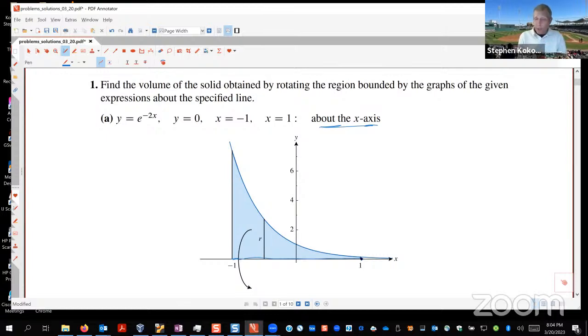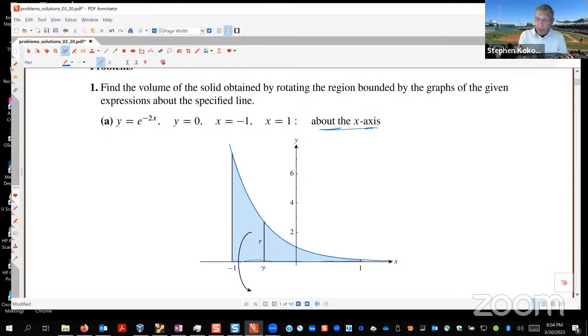What I generally do is pick out an arbitrary value x over the interval in question here, -1 to 1, and I draw an arbitrary radius of one of these disks that I'm going to revolve around the x-axis.